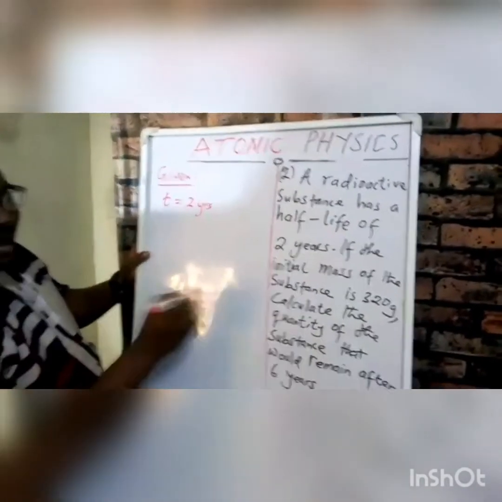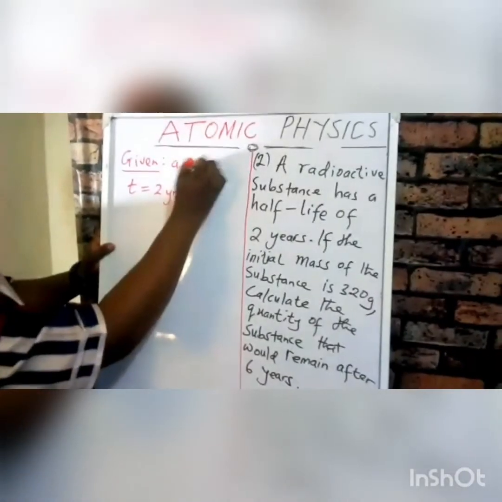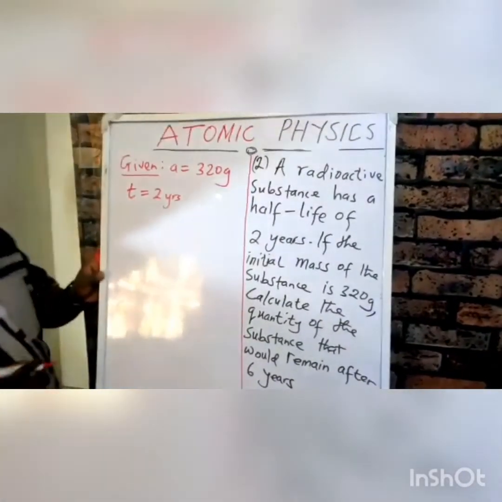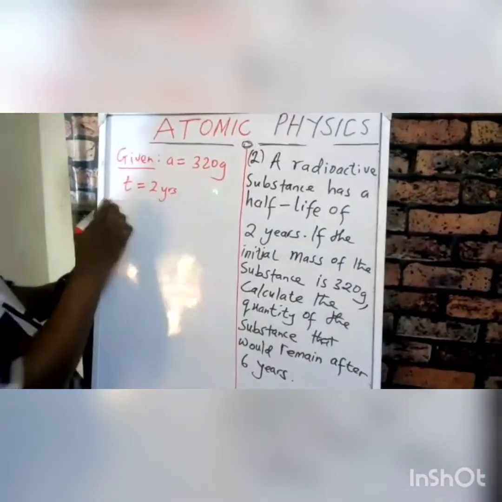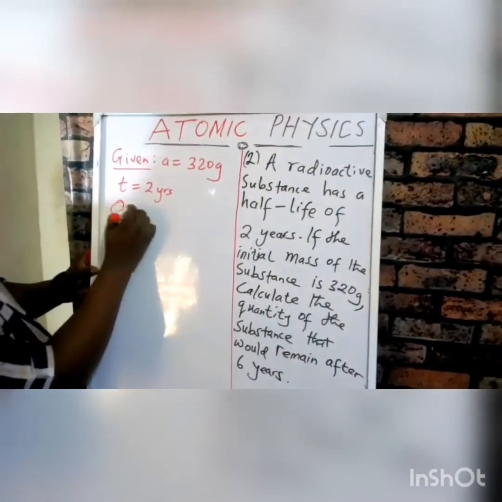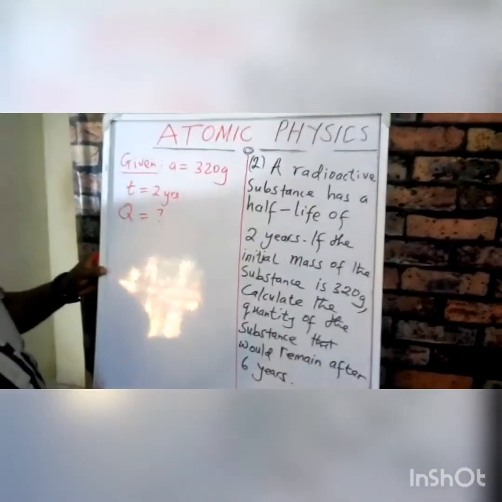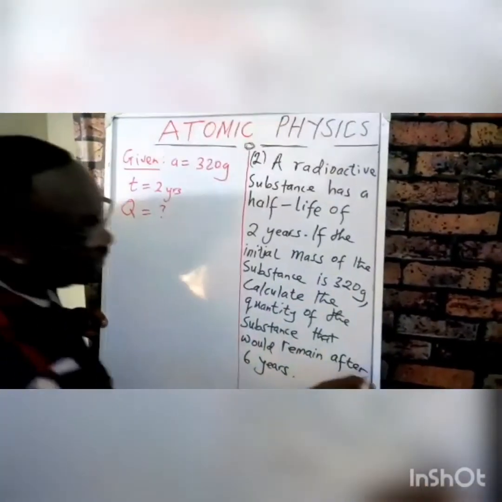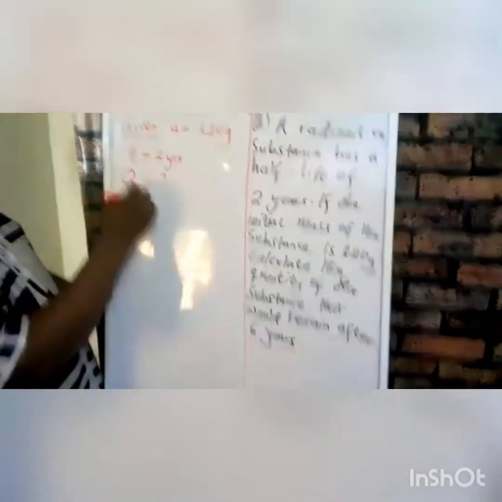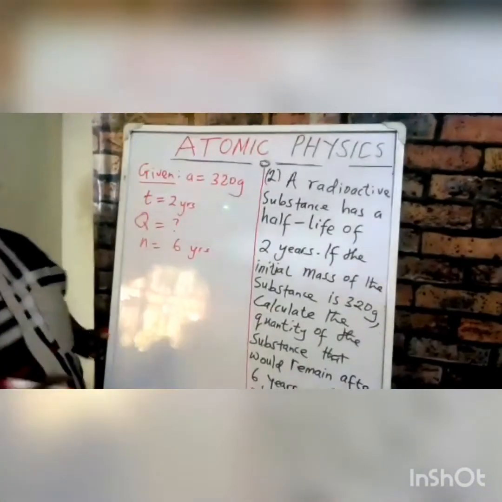The initial mass, A, is 320 grams. Calculate the quantity of the substance that will remain. Obviously, that is in reference to Q, the quantity remaining, after a given time of 6 years.